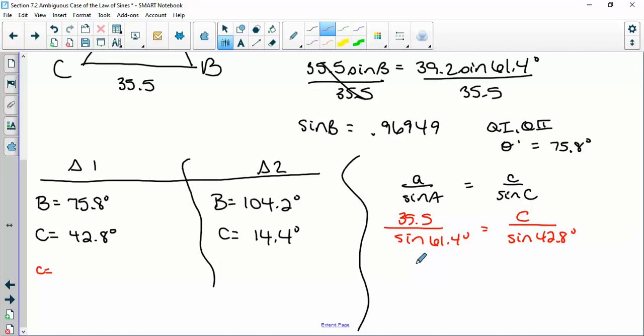So then how do you find C? Multiply it over and put it in our calculator. And we get, in that triangle, 27.5.